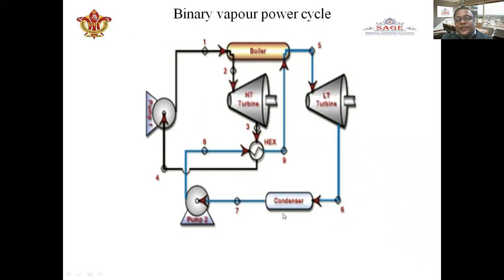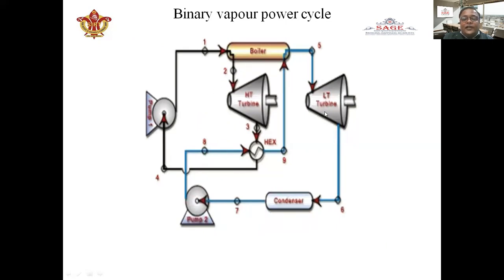After the expansion in the turbine section, the mercury passes through the condenser unit, where it is condensed, and after that the pump is used to circulate the mercury again and again to the boiler section, as represented in the diagram.